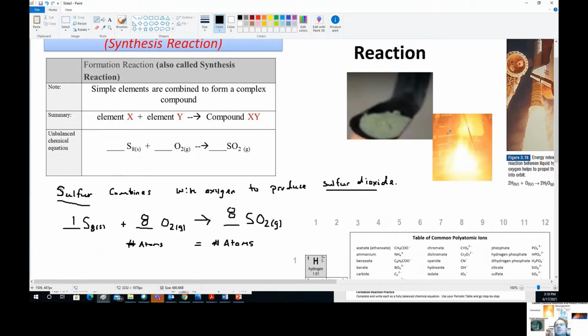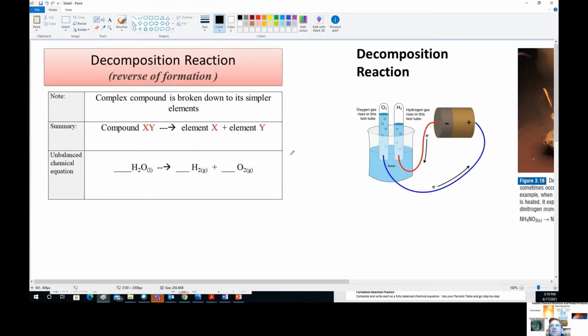Let's look at decomposition. Let's look at a decomposition reaction next. So decomposition, we've got water here, and water is undergoing electrolysis. So write down the words here. Again, your goal in this course is to be given words, a word equation, and convert it into a chemical equation.